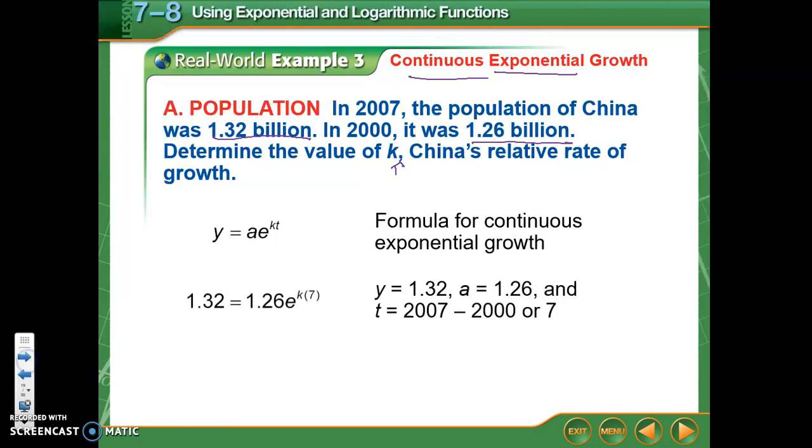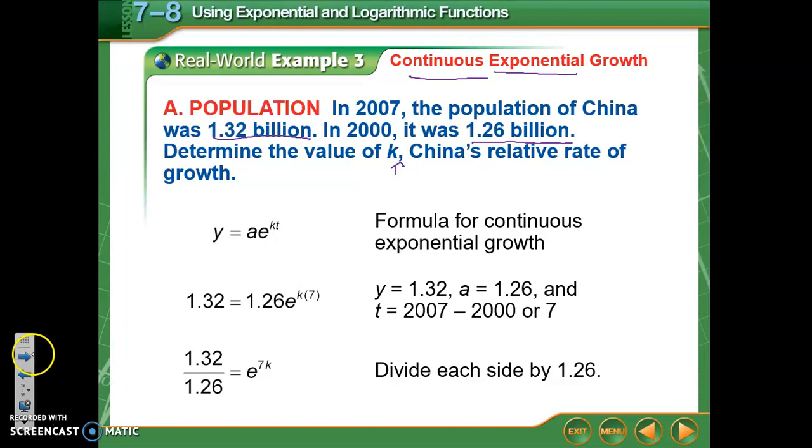And so what I'm going to do is, I know what it is right now, 1.32 billion, but we're going to leave the billion off. We'll just know that we're plugging our numbers in billions, so our answer will be in billions. 1.32 and then 1.26 was my starting value because we're measuring since the year 2000. And then I put in 7 for the time because 7 years have passed between 2000 and 2007.